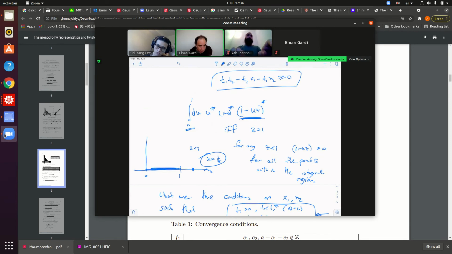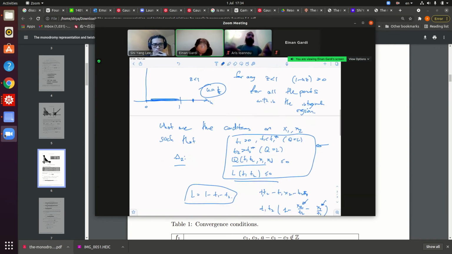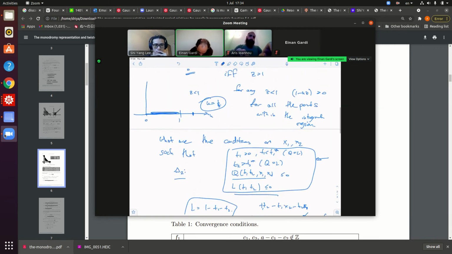Now, my problem is that here, in this definition of delta 2, I use Q as my boundary. So that is not going to work. So I think in order to do that, we need to look at the definition that does not use Q as a boundary. The problem is that Q is always part of the boundary.